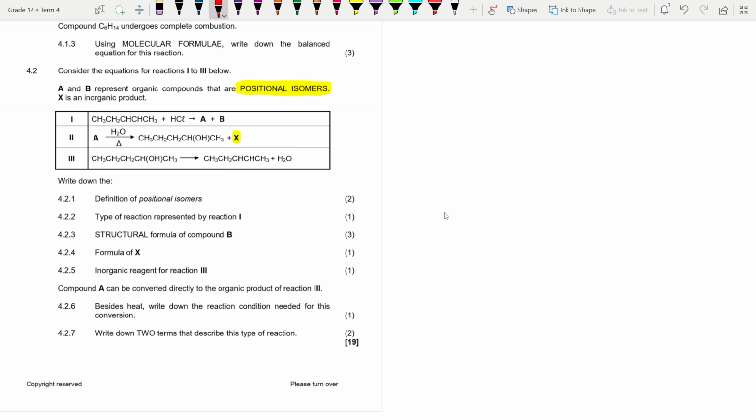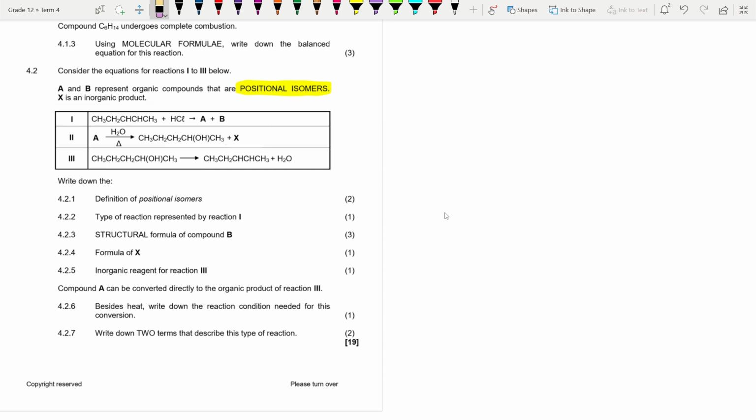Do you know what they mean by inorganic? Maybe you don't have to overthink that. It's just something that doesn't look like that. These things are organic. This is not organic. Water as well is not organic. So basically you're looking for something that does not have C's, H's and oxygens when they say it's inorganic.